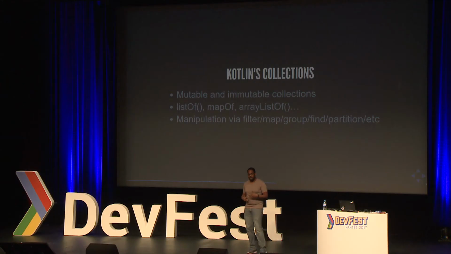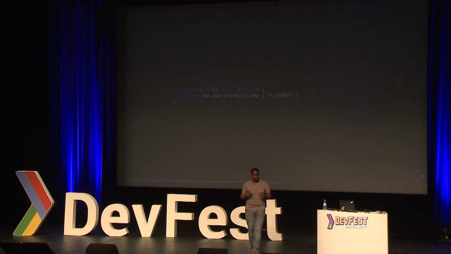Also in the standard library, you have MapReduce type functions like filtering, map, group, find, partition, taking the last, taking the first, that sort of thing. So you can do things like this.